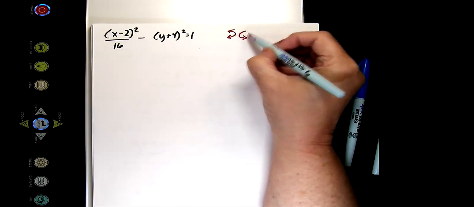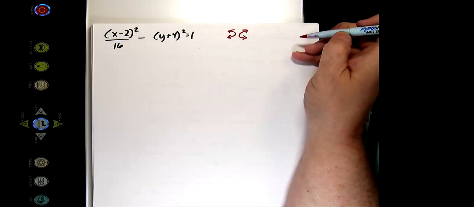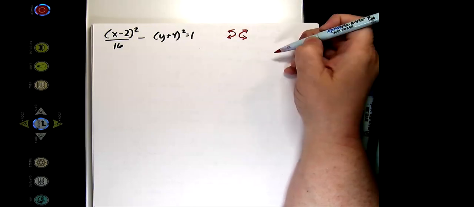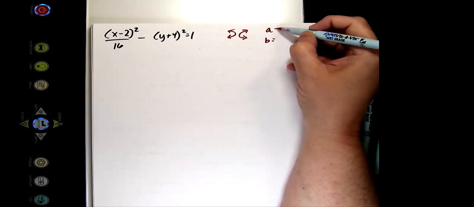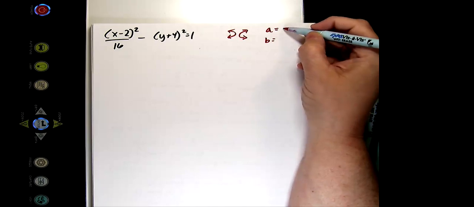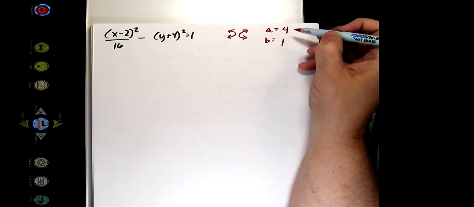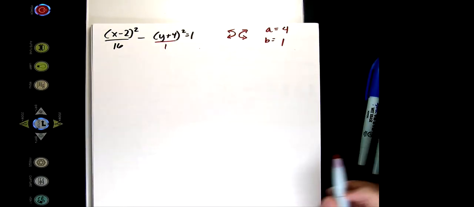Should be going left and right. What is A and what is B? Yep. If you don't see a fraction, you can always make a fraction by putting it over 1.